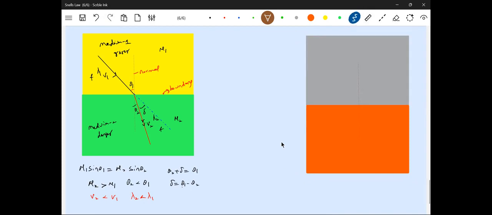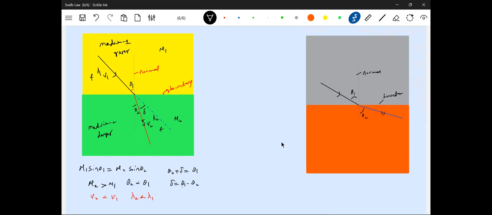Now what is a boundary? There is a boundary. Now the ray of light is incident from denser to rarer medium. Now the refracted light will bend away from the normal. This is the incident light. This is theta 1. This is the angle of refraction theta 2. This is a refracted ray and this is the normal.